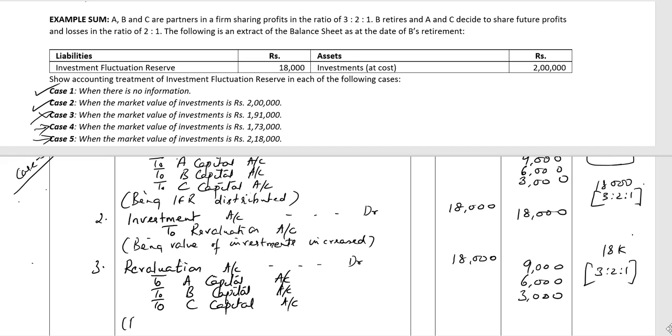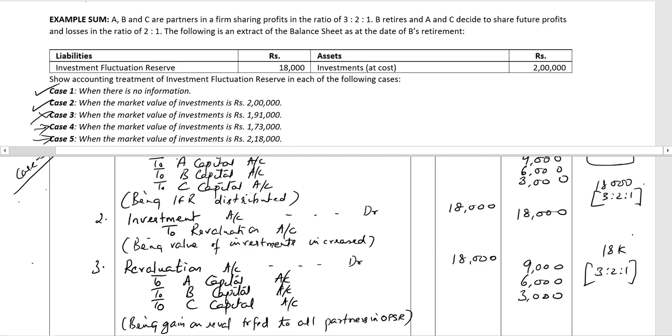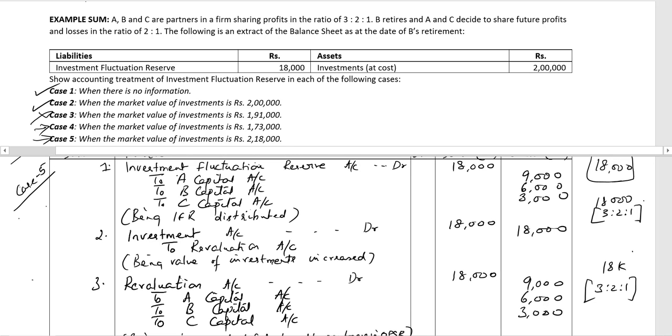Narration being gain on revaluation transferred to all partners in old profit sharing ratio. So these are the three journal entries.